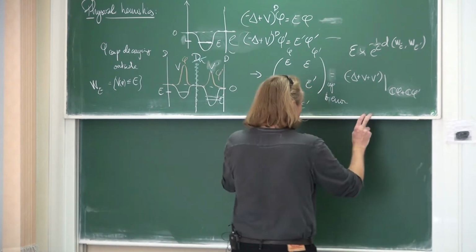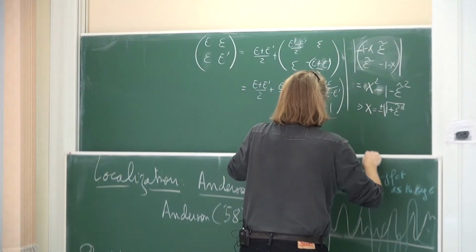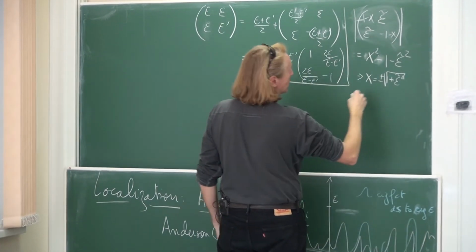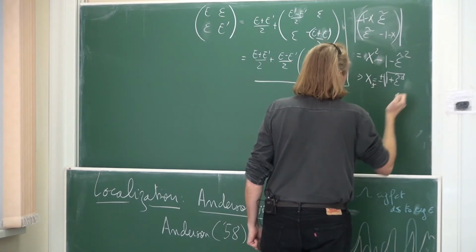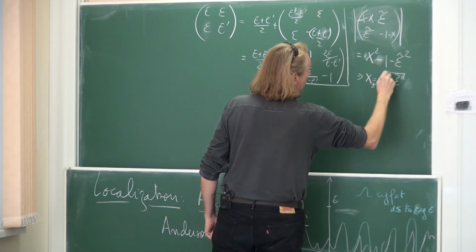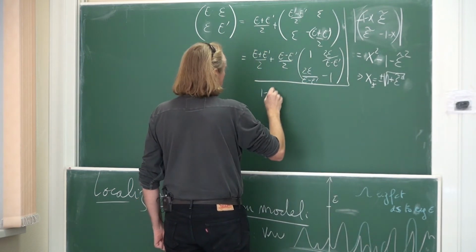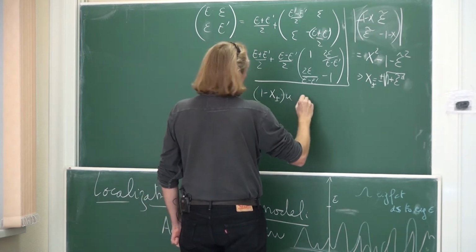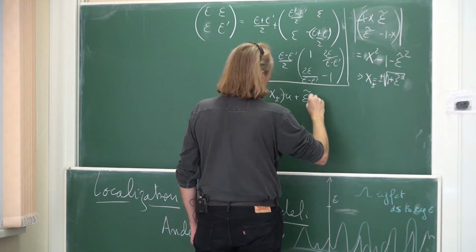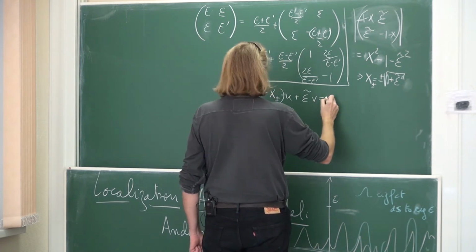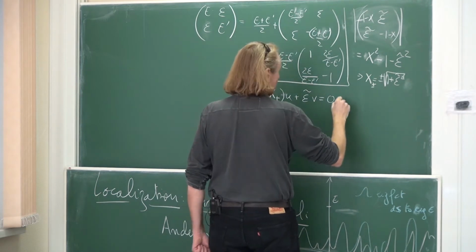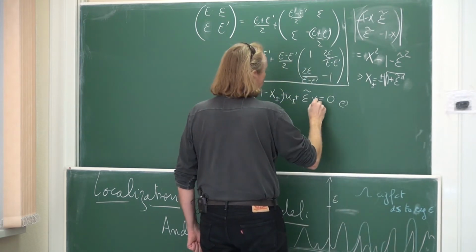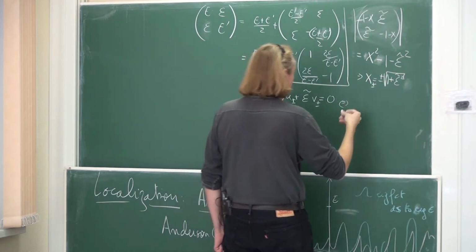And what do the eigenvectors look like for this matrix? These are x plus minus. We solve 1 minus x plus minus times u plus epsilon tilde v equals 0. So u plus minus and v plus minus are the components of the eigenvectors.